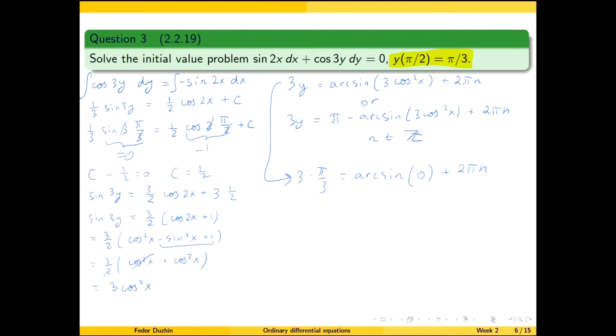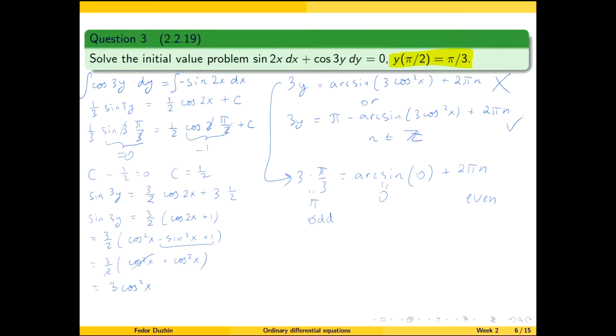Well, inverse sine of 0 is 0. So the left side is pi, and we get that pi equals 2 pi n. Now the left-hand side is an odd multiple of pi, and the right-hand side is an even multiple of pi, right? So it's not the case. So this is wrong.